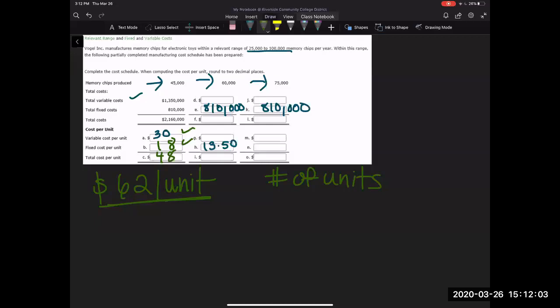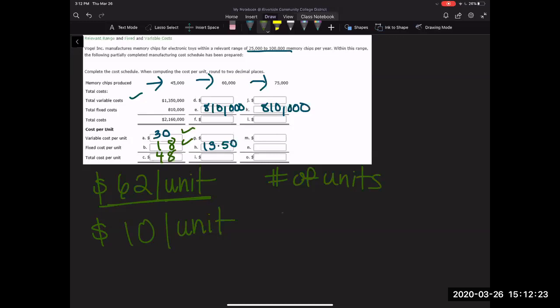Another example we had was buying direct materials from a supplier. The cost of the direct materials from the supplier to produce those speakers was, I believe, $10 per speaker of direct material.